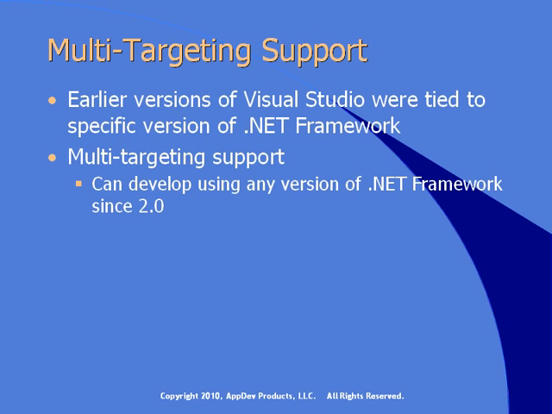Unfortunately, you can't use it for version 1.0 and 1.1 because there were some pretty substantial physical changes in the Common Language Runtime that made that a pretty onerous task for Microsoft. And the nice thing is you no longer have to upgrade all of your projects when a new version of Visual Studio is released.